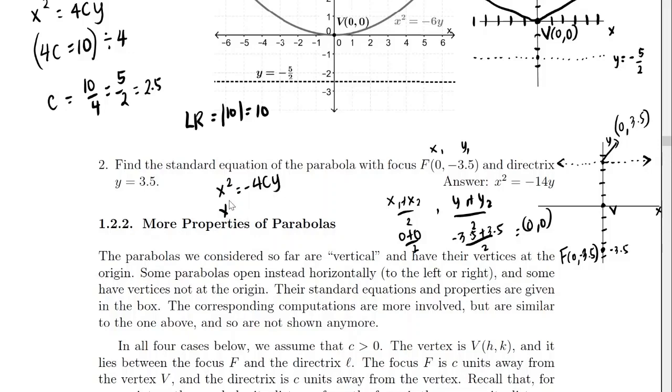So we have x squared equal to negative 4 times c, where c is 3.5 units, and this is also 3.5 units. So negative 4 times 3.5y, this is x squared equal to negative 14y. So we have the equation of the parabola.